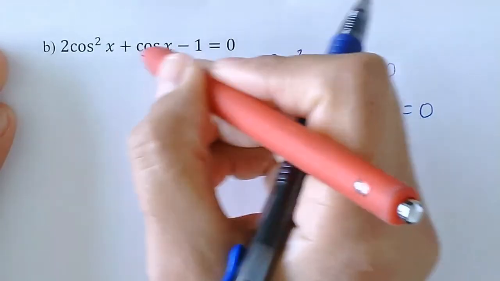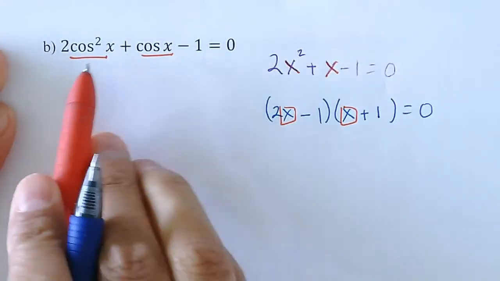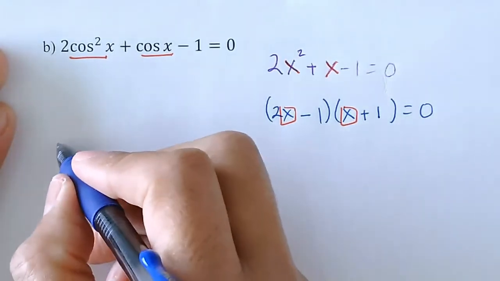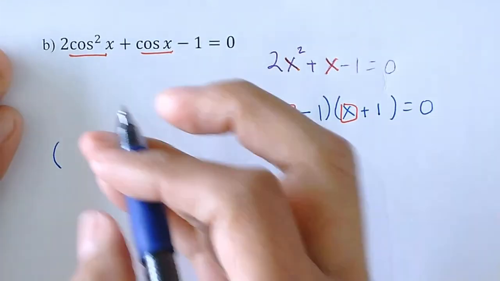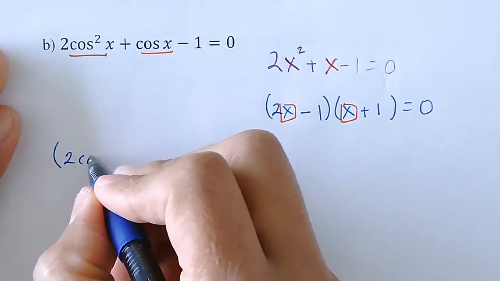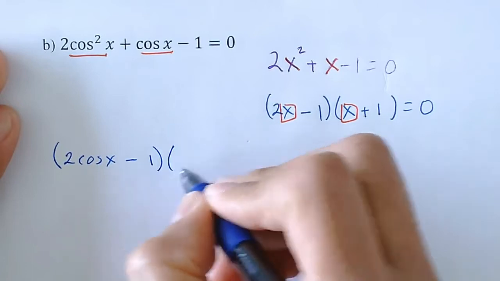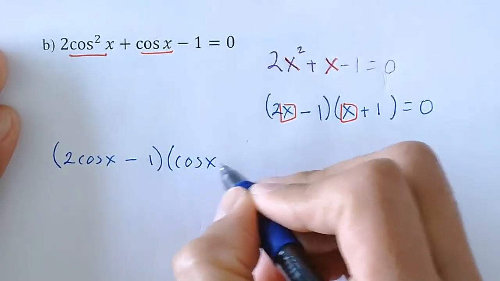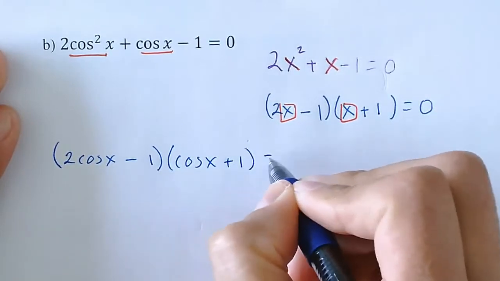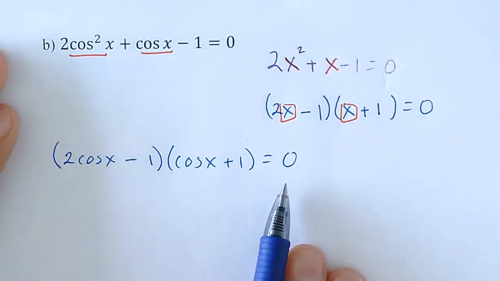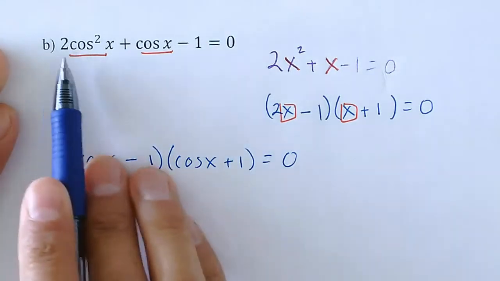So I'm going to factor that: 2 cosine of x minus 1, cosine of x plus 1. Yes, that is equal to 0. So when we have this type of equation, I will probably write this on the side and think about factoring this first before I factor that.